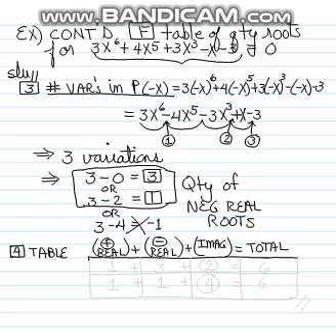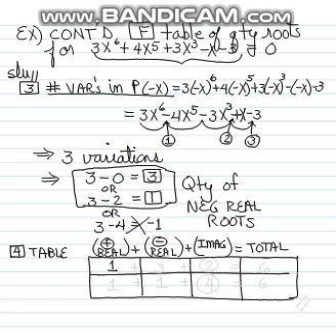We can start filling in this table. Let's make this table. It's not going to be too big. The reason it's not going to be very big is because we already figured out there can only be exactly one positive real root. So let's put that number 1 here. And then in this row, we're going to add this to the first possible quantity of negative real roots, which was 3.